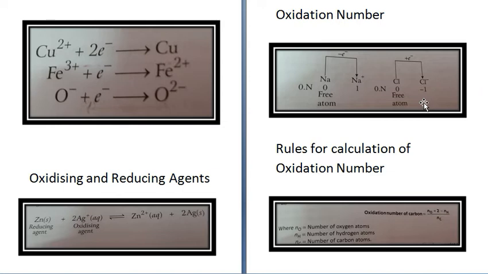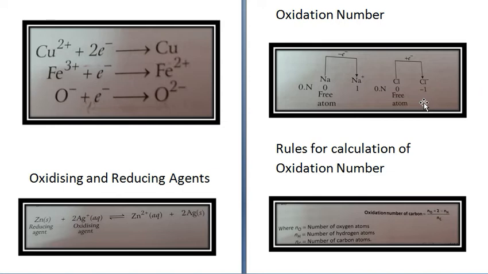So in hydrogen peroxide, the oxidation number of oxygen will be -1. Similarly, in the case of superoxides, oxygen has oxidation number -1/2. In OF2 and O2F2, for OF2 oxidation number is +2, and for O2F2 oxidation number is +1. So oxygen is one atom whose oxidation number keeps on varying.